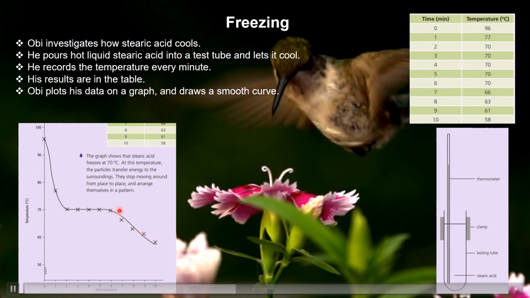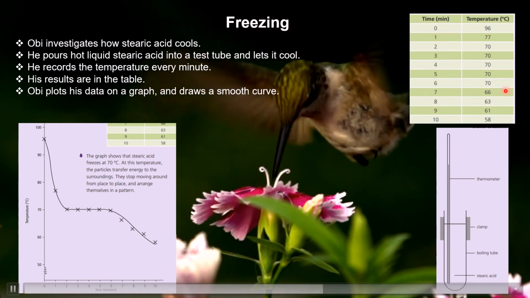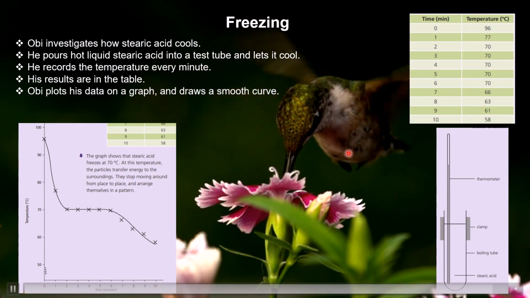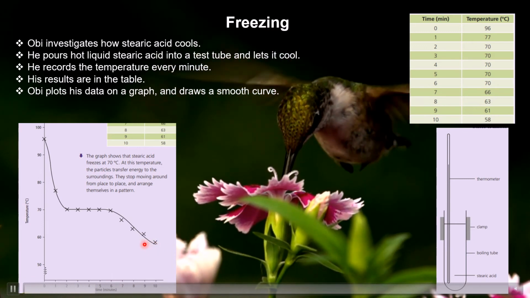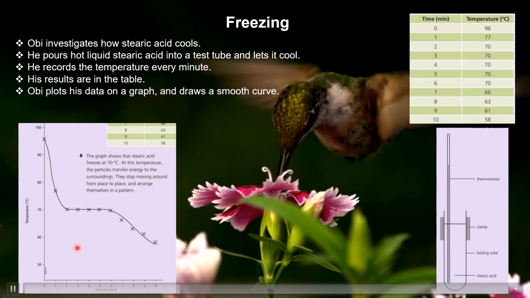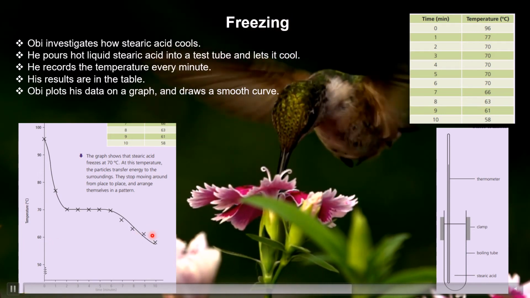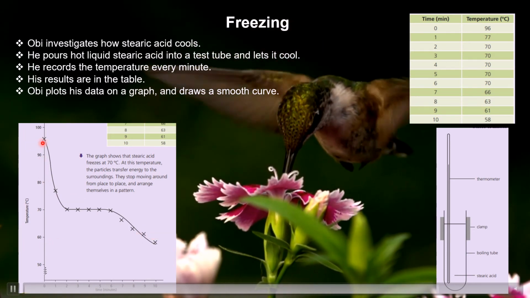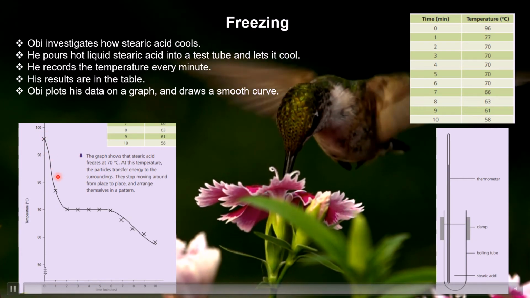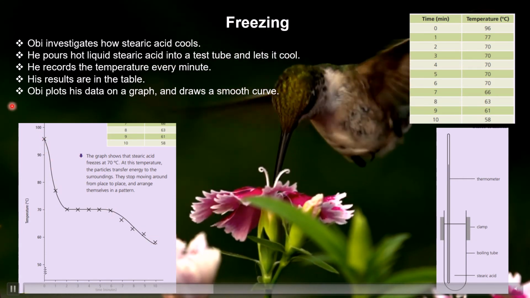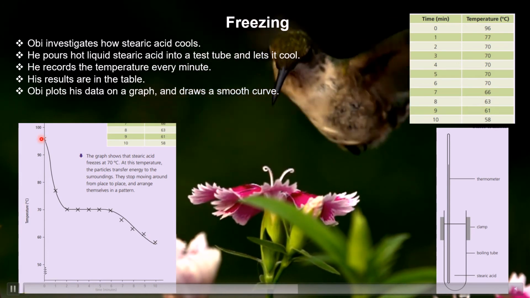After 70, it goes to 66, then 63, then 61, and then 58. So 58 is the last point, which comes approximately over here. So it started from above, and then it went down and down, right? Yes, from 96 it went to 58.